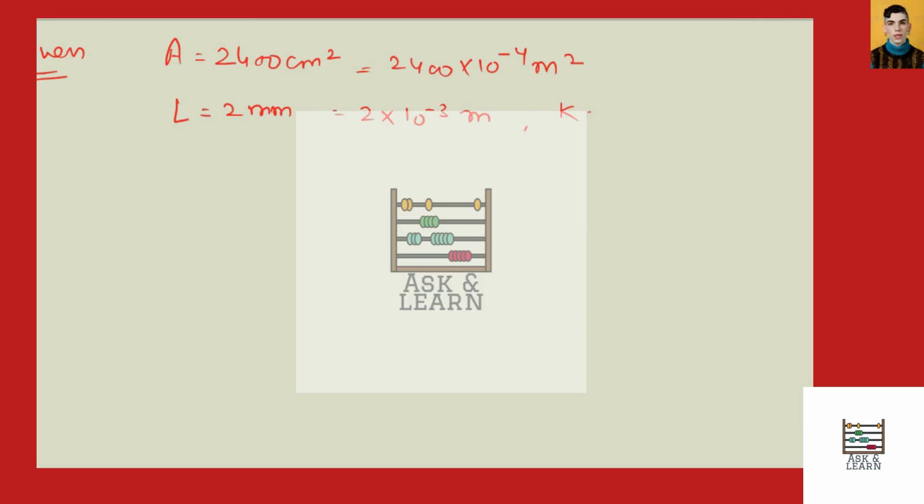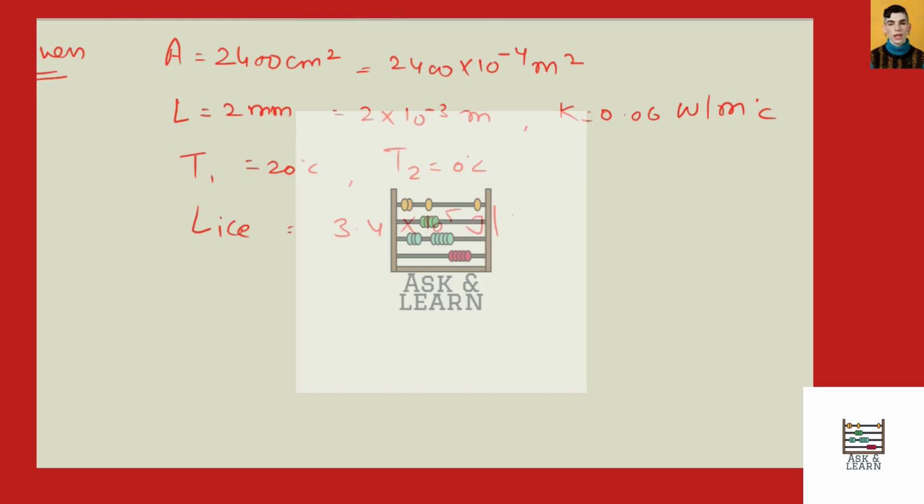Thermal conductivity is 0.06 watt per meter Kelvin, or I can say this is watt per meter degree Celsius. And the temperature of the water is 20 degrees Celsius and the temperature of the ice is 0 degrees Celsius.